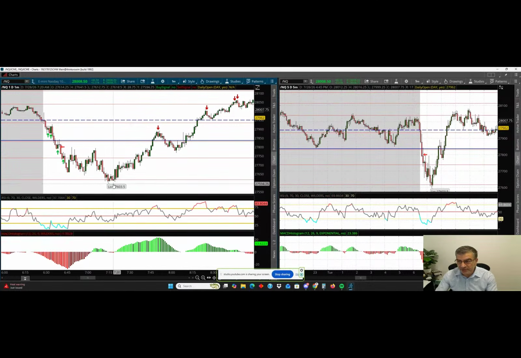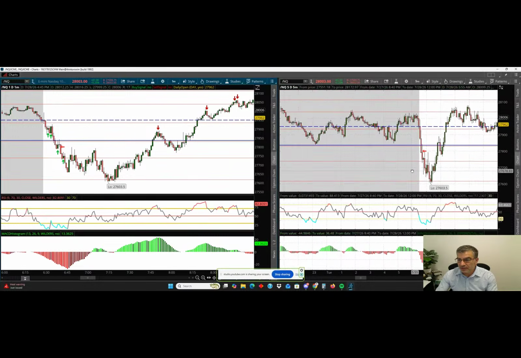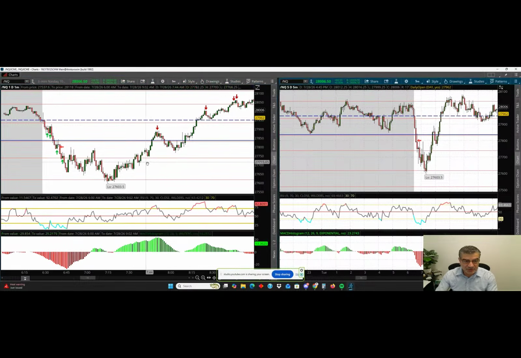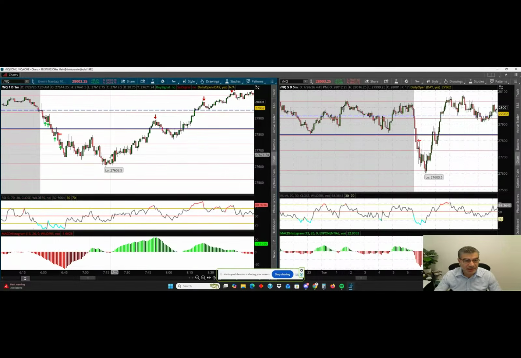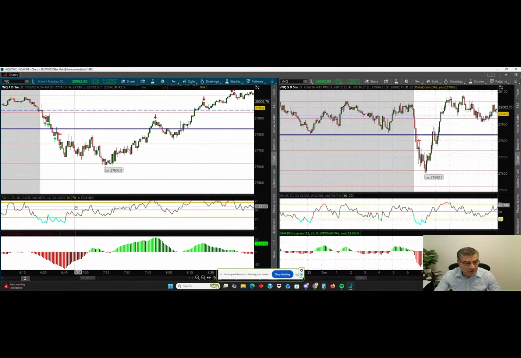And look at the divergence on both the 5-minute and the 1-minute. The market was going down, RSI was going higher. Okay, market was going down, RSI was going higher. So that was a good indication to go long right there.